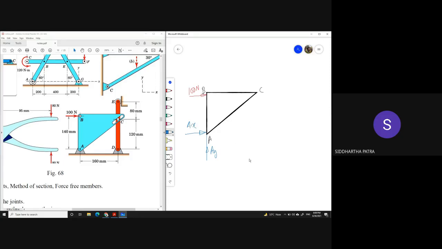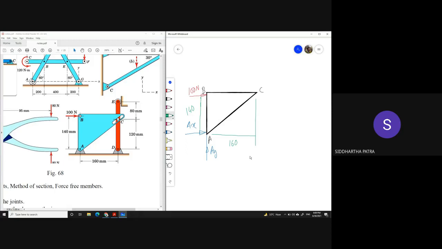Now, this gap is 140 mm and this gap is 160 mm.